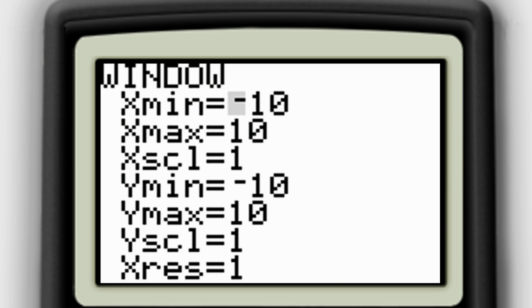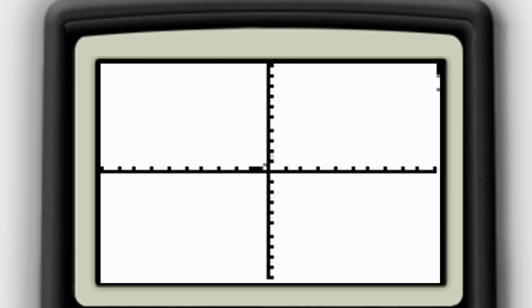Keep the window from negative 10 to 10 for x and negative 10 to 10 for y. Keep it square so that you can see whether those two functions are inverse to each other or not. And then let's graph it.